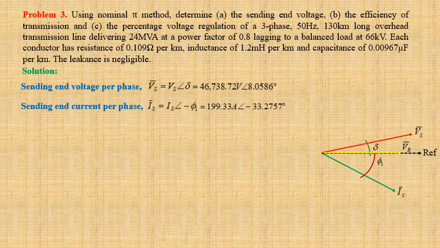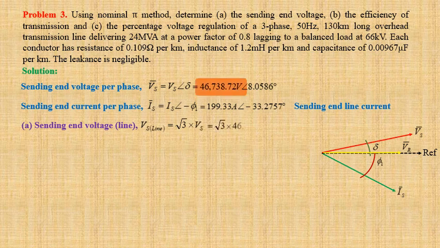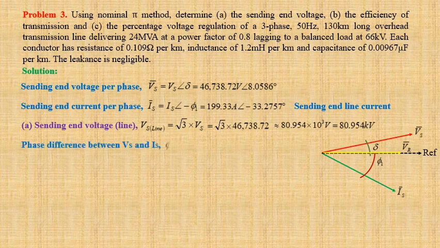For star connected system, sending end current per phase equals sending end line current, and line to line sending end voltage Vs line equals root 3 times Vs, that is equal to root 3 into 46,738.72, which is approximately equal to 80.954 into 10 to the power 3 volts or 80.954 kilovolt.